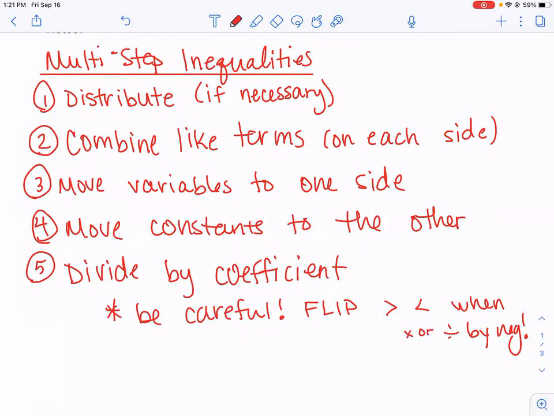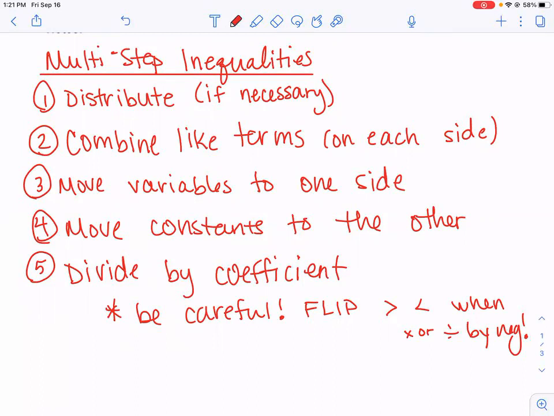Or multiply. So that is a good point, okay? I was talking specifically about dividing by the coefficient, which is why I only wrote that. But let's go ahead and add in multiply or divide by negative is when it flips. Thank you, Reagan.